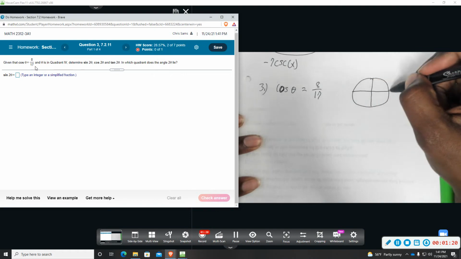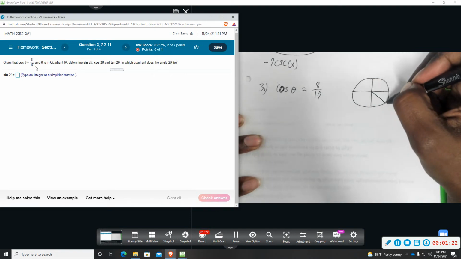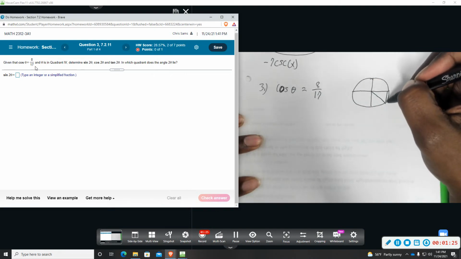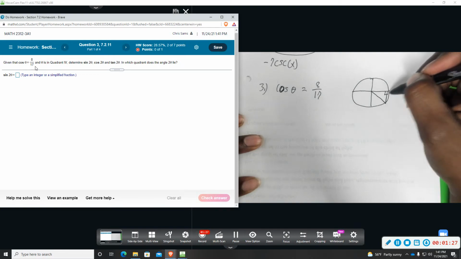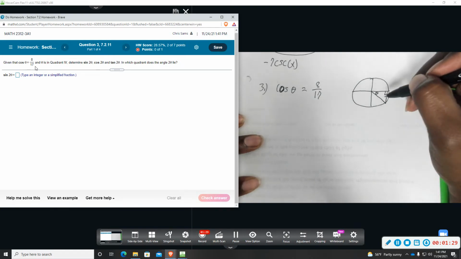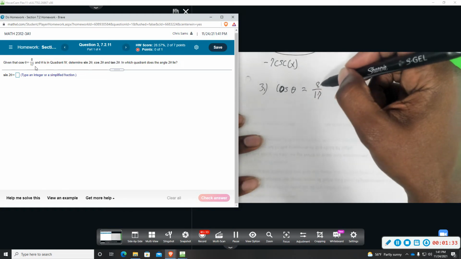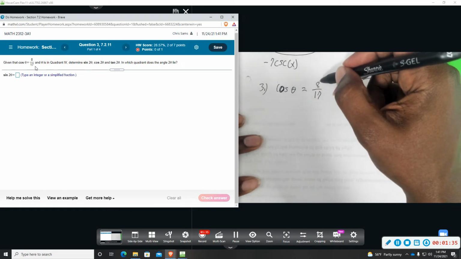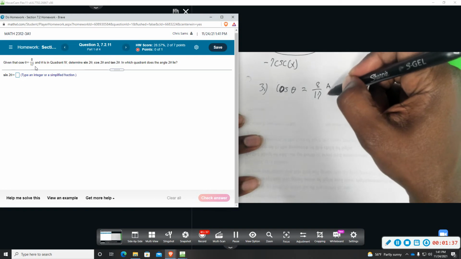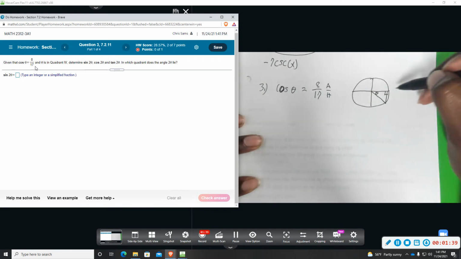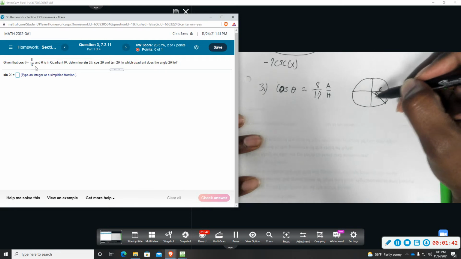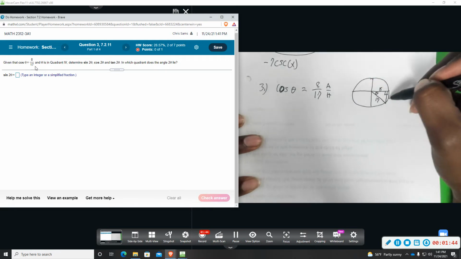We are in quadrant 4, so let's say something like this. Here's my right angle, here's my theta, and this is adjacent over hypotenuse. So adjacent, this side will be 8, hypotenuse will be 17, so I'm looking for this leg.